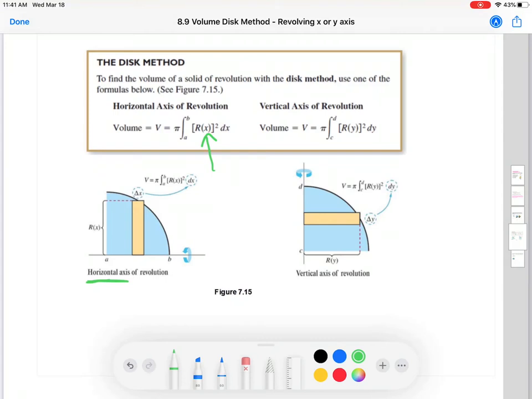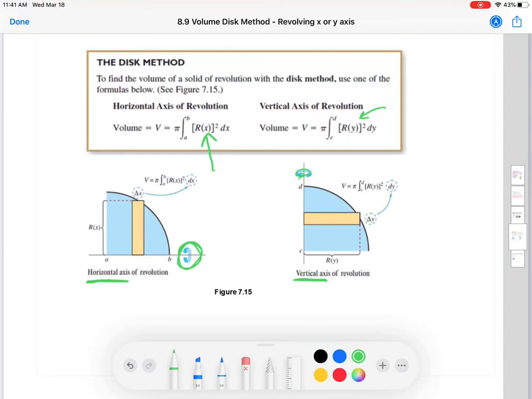All right. If we rotate around a vertical axis of revolution, always look for these arrows in any diagrams that are given to you. Or if you're drawing your own diagram, put those arrows in there just so we know where the axis of revolution is. If we do it across the vertical axis, the y-axis today, all of our functions will be in terms of y, just like they have been the last few days.